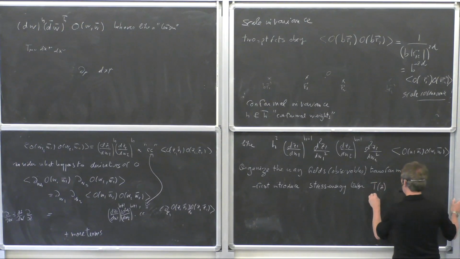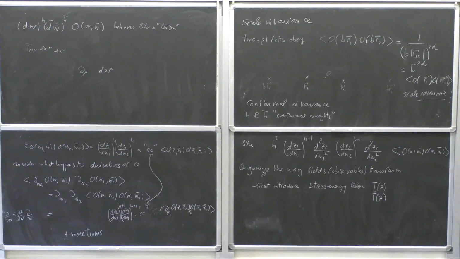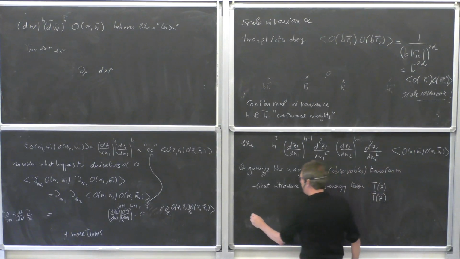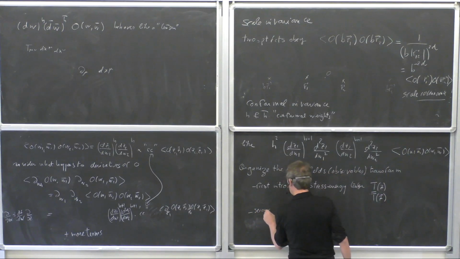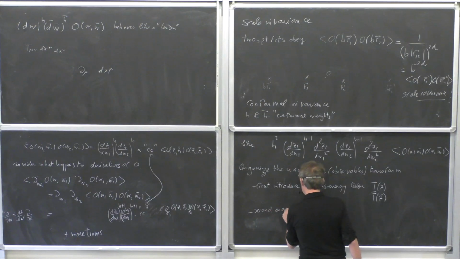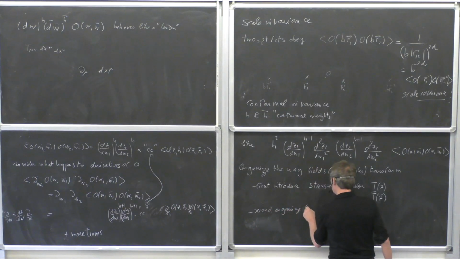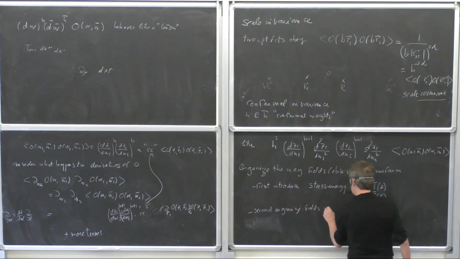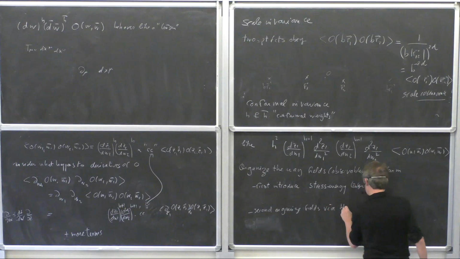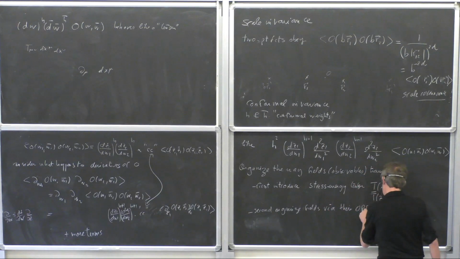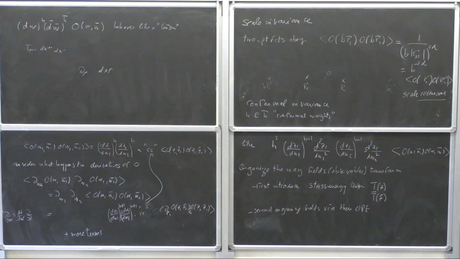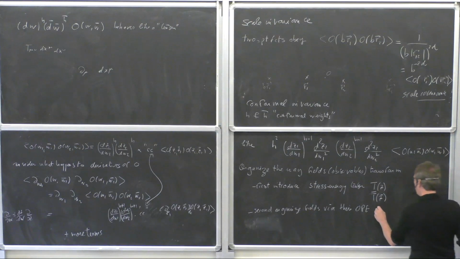And in fact, there's a pair of such fields, T of z, T bar of z bar. And second, organize fields via their OPE, we mentioned that earlier, operator product expansion, with T.